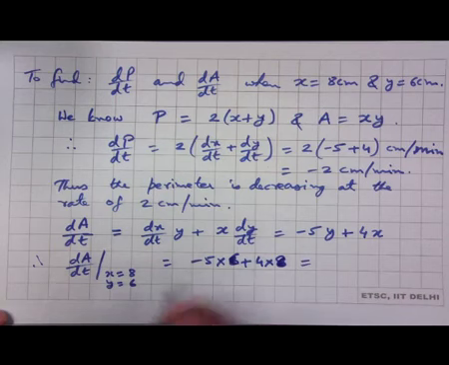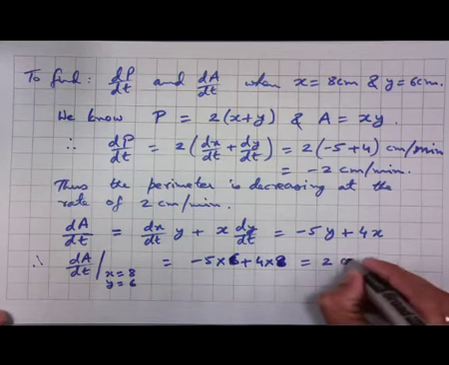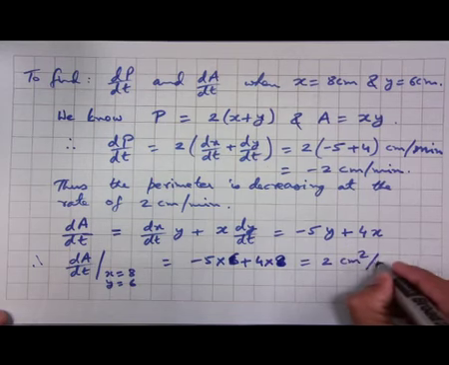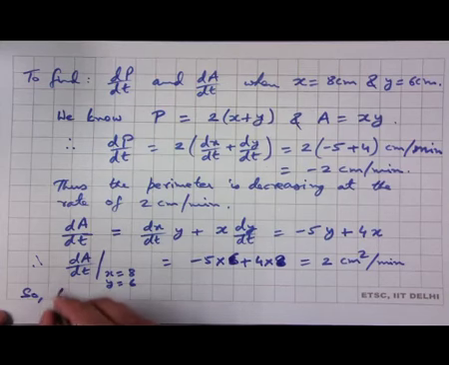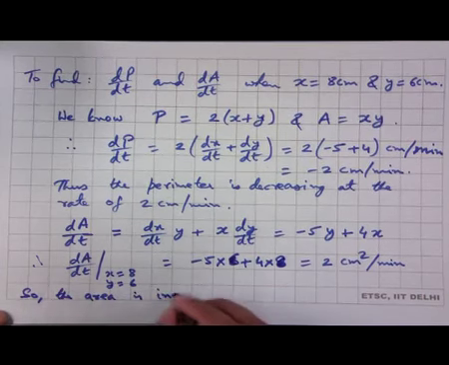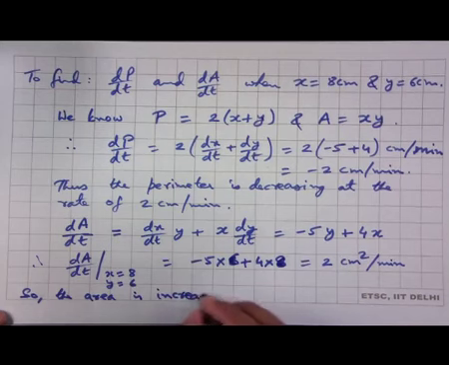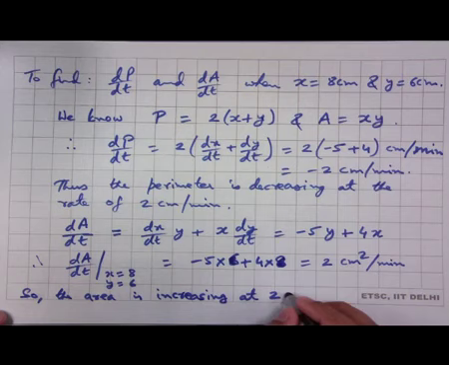So, this is minus 30 plus 32. So, this is 2 centimeter square per minute. So, the area is increasing at the rate of 2 square centimeter per minute.